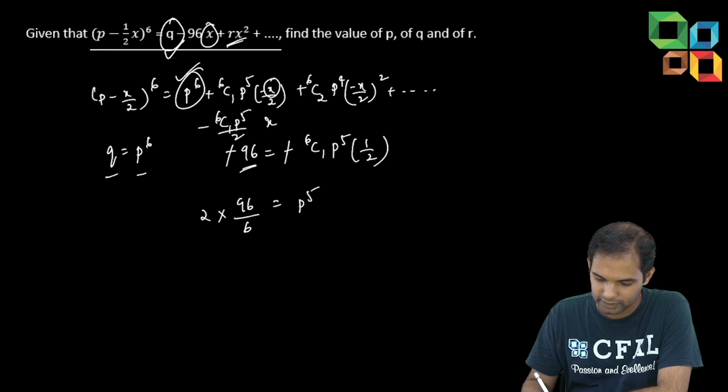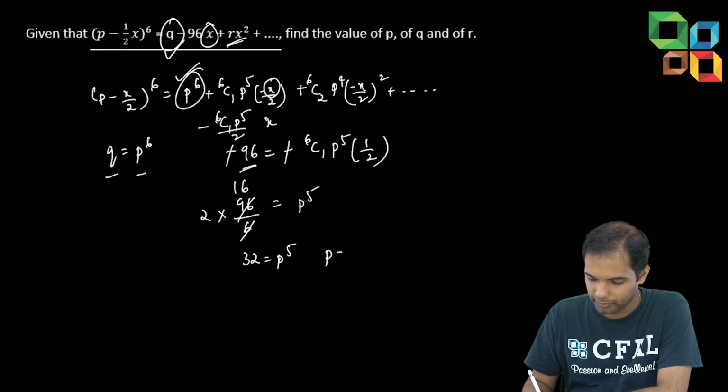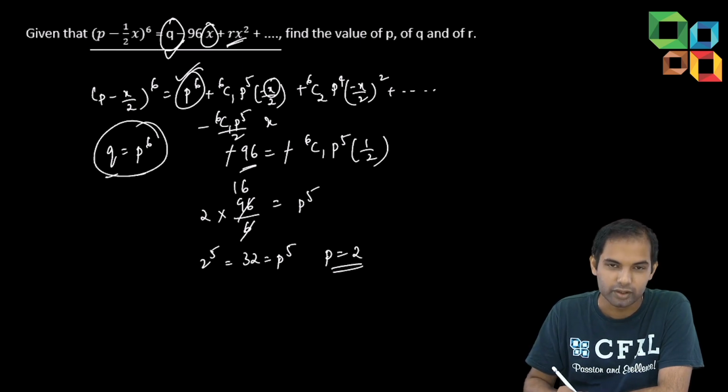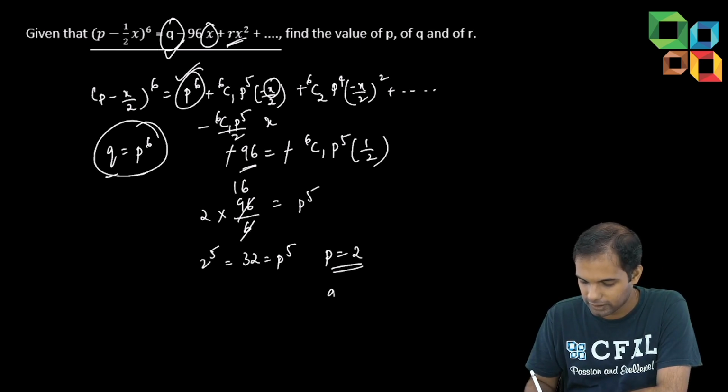What is 96 by 6? 6 16s are 96. 16 into 2 is 32. So we directly got what P is. P is nothing but 2 because 2 power 5 is 32. Once you get P, you got Q also, isn't it? So Q is nothing but 2 power 6, which is 64. So we got P, we got Q.